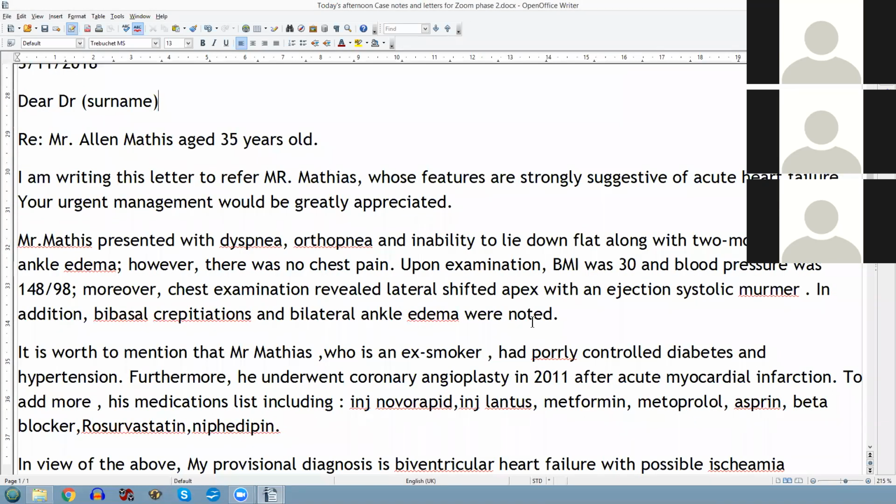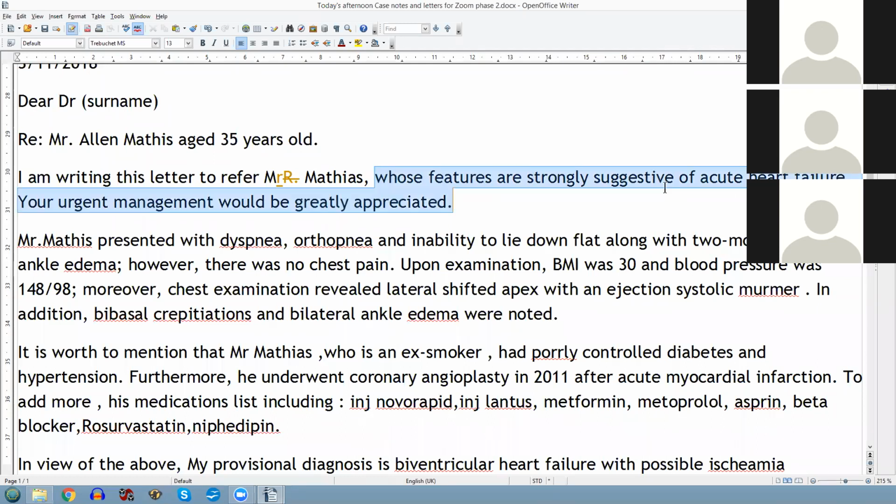Now, here, I wouldn't use that, nor would I have a full stop, to refer Mr. Matthias, whose features are strongly suggestive. So we've got a relative clause, which is good, whose features are.